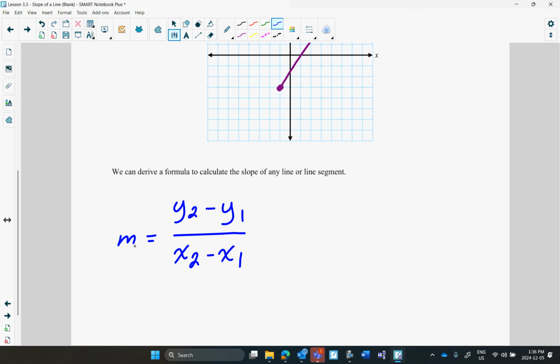Anybody taking French in here? Nice, thank you. That's what they figure it's from, monter, mountain.